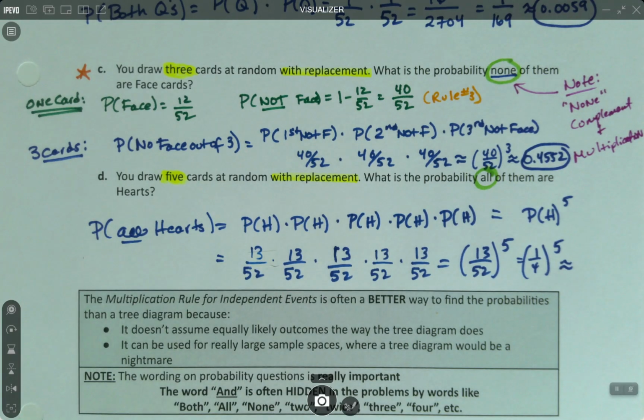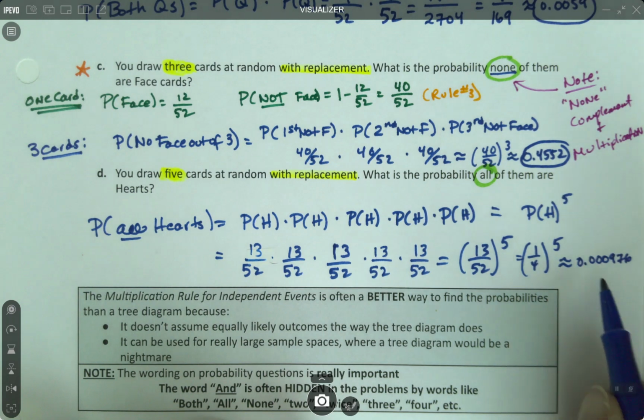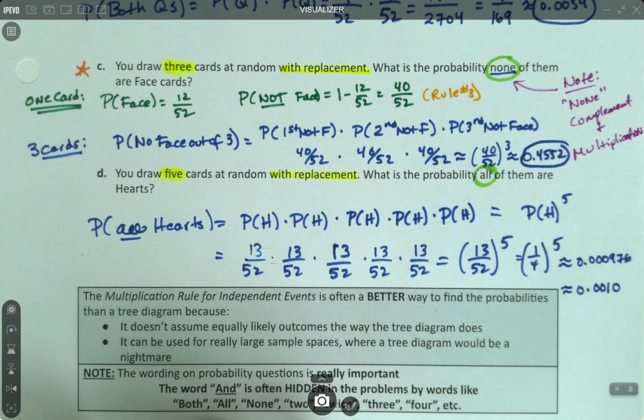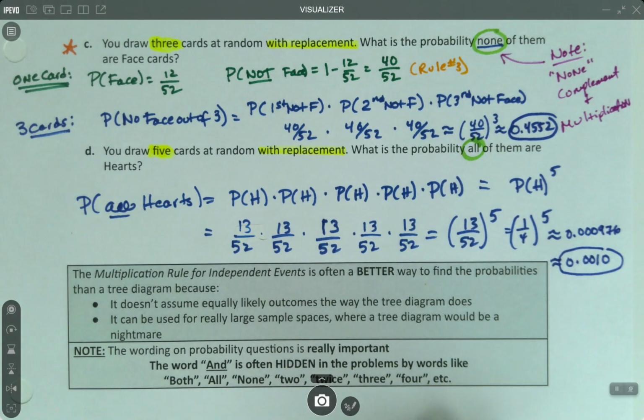Okay, so we get that it's 0.000976. Now, if you're going to go to 4 decimal places, that 7 rounds that 9 up to a 10. So if you're doing 4 decimal places, this would actually be 10 like that. Or if you will, 0.001. We never have to put a last 0 on it.